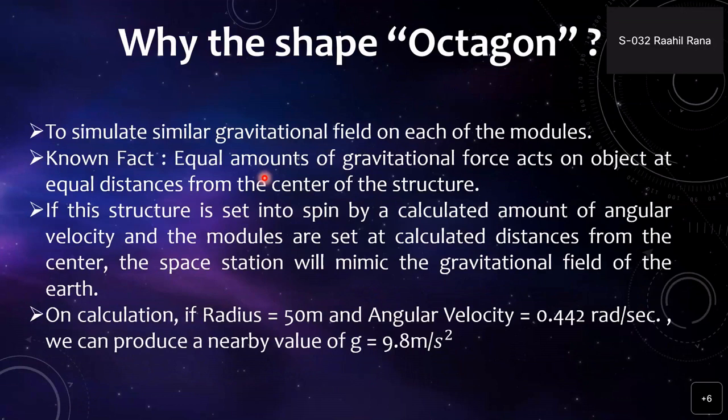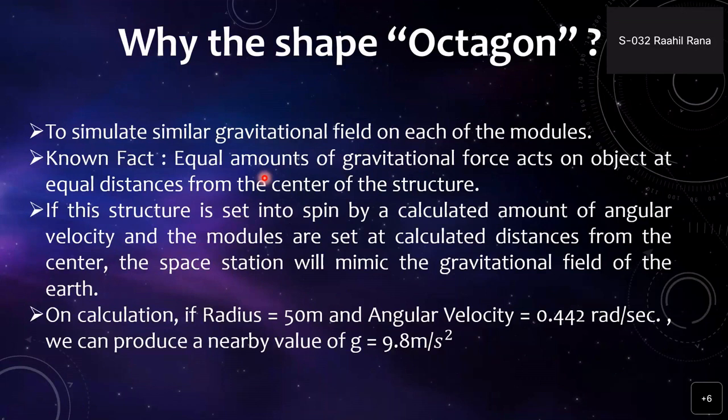Now, why did we choose the shape Octagon? The shape Octagon is basically for our tourism purpose, which is to inculcate the gravitational field effects on each of these modules, because those modules will be the tourist modules where all the tourists will be able to reside and do other recreational activities.